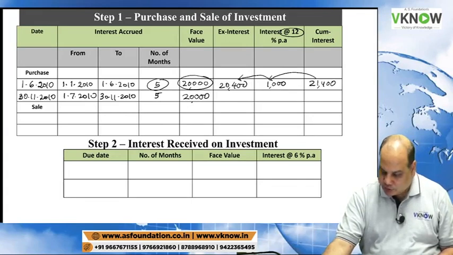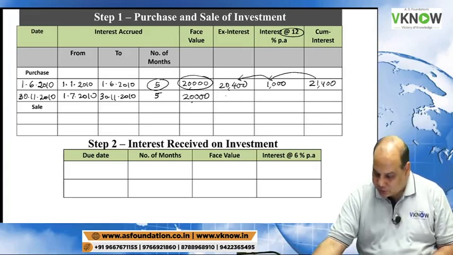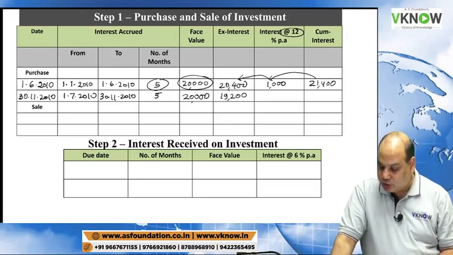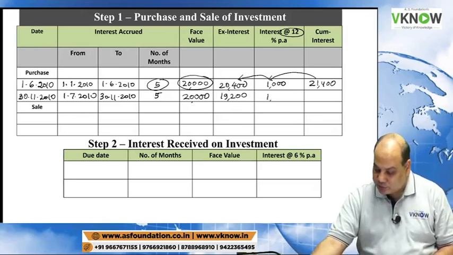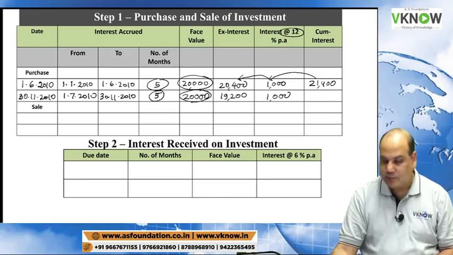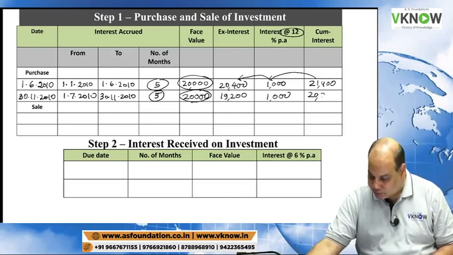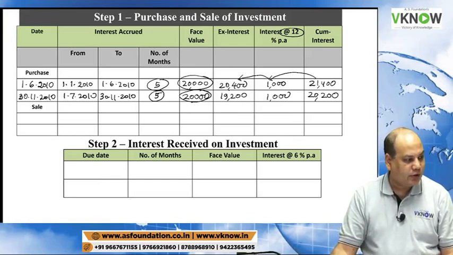This comes to 5 months. And these debentures were purchased ex interest. Follow the question. Fourth line. 19,200. So interest this time will also be 1,000 rupees, because principal is 20,000. Number of months is 5. 1,000. Cum interest price will be 20,200. Ex interest plus interest is cum interest.